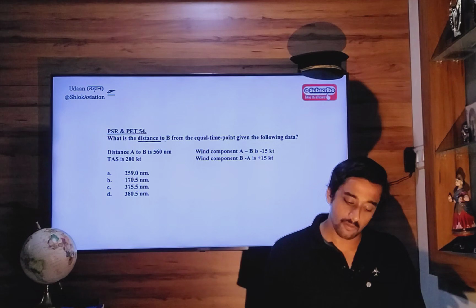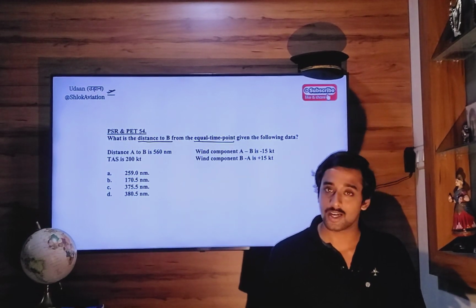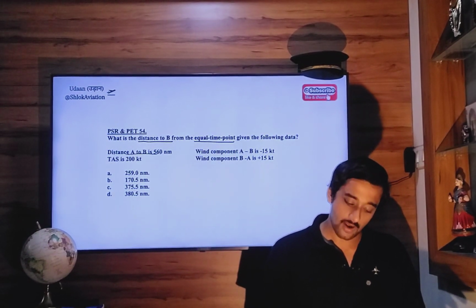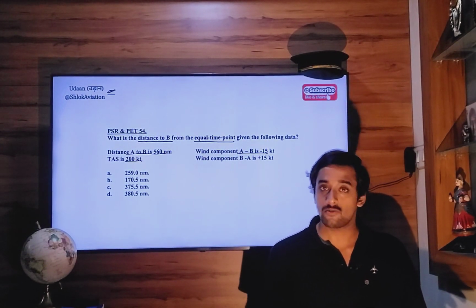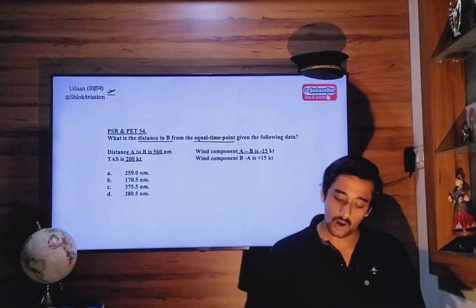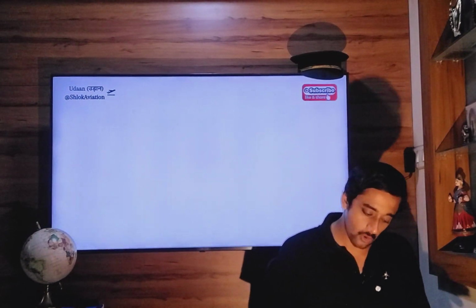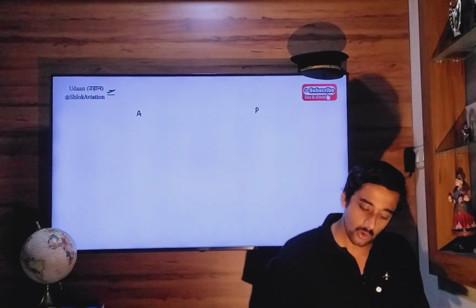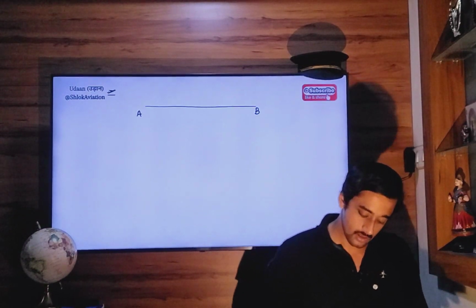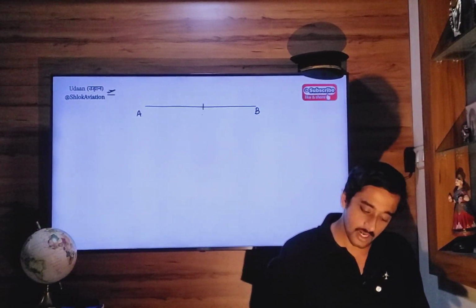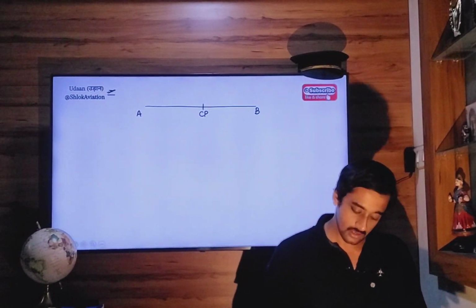54. What is the distance to Bravo from point of equal time? Total distance is 560, TAS is 200, outbound wind component headwind of 15 knots, homebound wind component a tailwind of 15 knots. So let's draw this: point A, point B. This is your point of equal time or critical point.